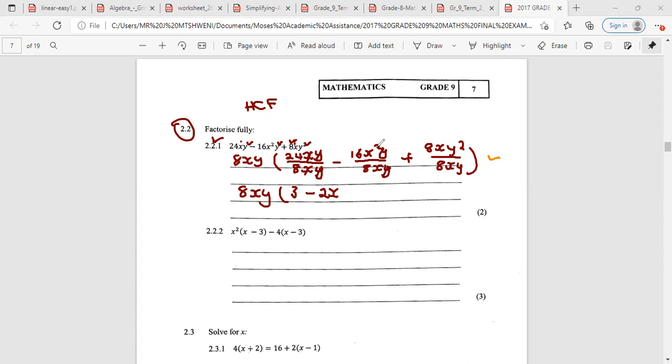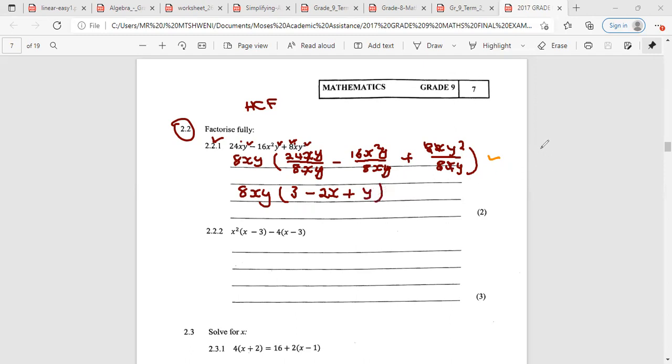It's like saying 2 subtract 1. Then I put an addition here. 8 divided by 8 cancel each other, x cancels x. y squared divided by y will remain with y.